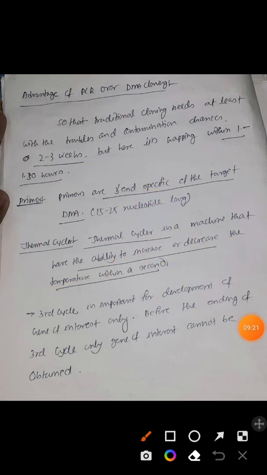And what is the disadvantage of PCR? There are some disadvantages of PCR too. As I have told you, PCR cannot express a gene; this is the major disadvantage. Another important disadvantage is that we cannot use the PCR technique for an unknown DNA sample, whose sequence is not known to us. Because remember, for performing PCR we need primers, right?